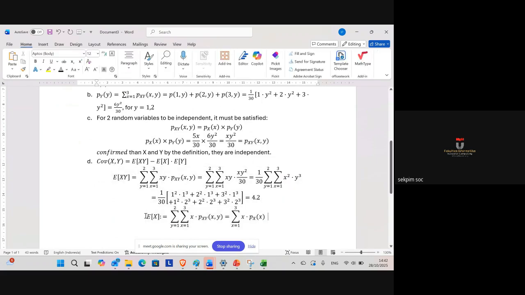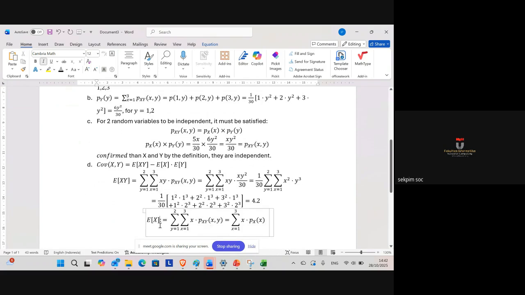So to determine the expectation of x from the joint probability function, this is the original formula, right? But since we have the marginal function, you can find the expectation of x by only this formula. So this formula is simpler than this, right?